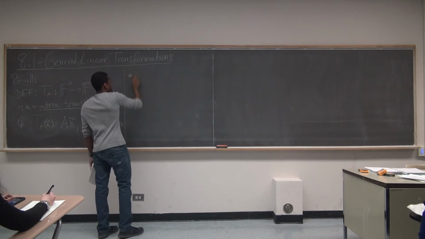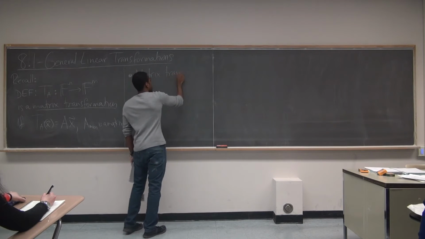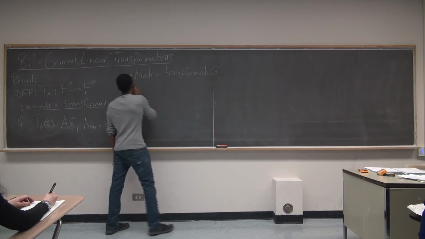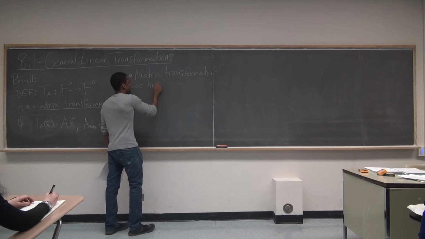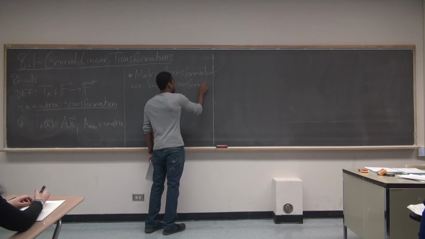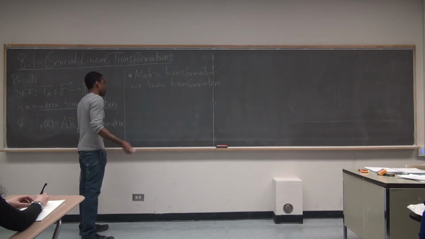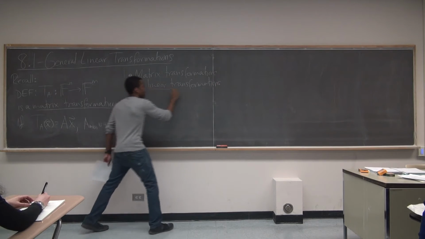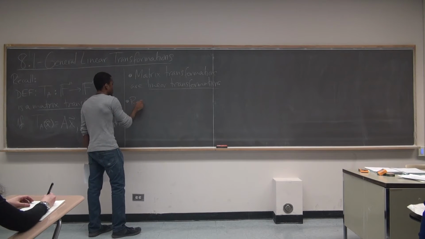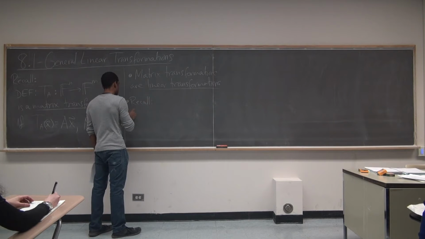One thing you should remember is that matrix transformations are linear transformations. I guess you can think of this chapter as a nice summary of what we've been doing so far.